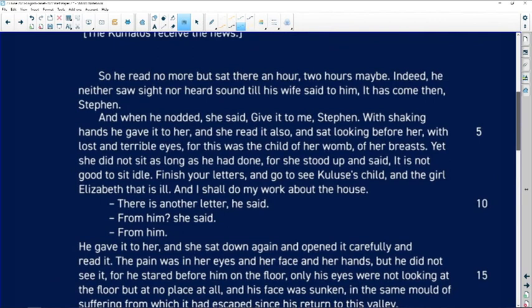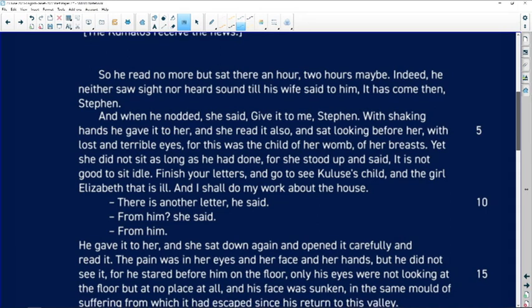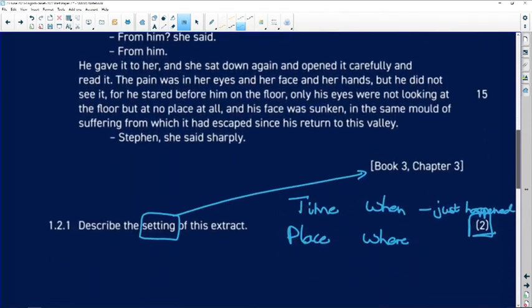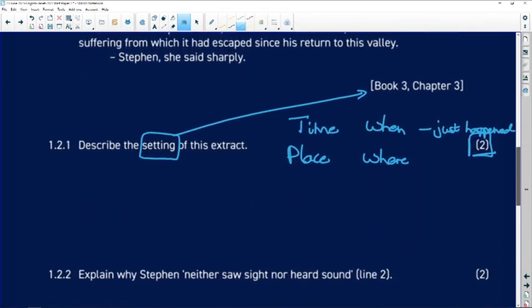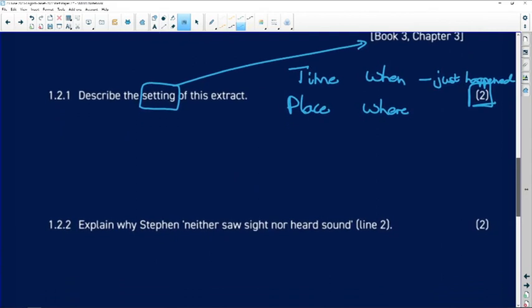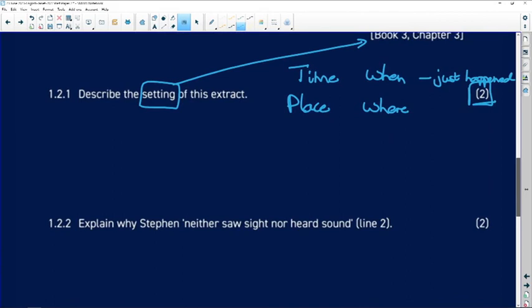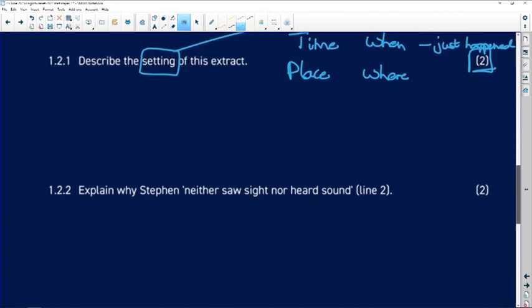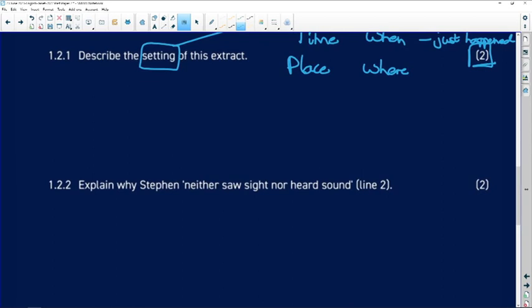No, you need to say a letter has just arrived telling Stephen of the date of his son's hanging. And where are they? They are in Stephen Khumalo's house. So where and when? Macbeth has just spoken to the witches and he's now about to discuss something with Banquo. Right, so it's where and when. I cannot tell you how many people lose marks there because they only do the where.